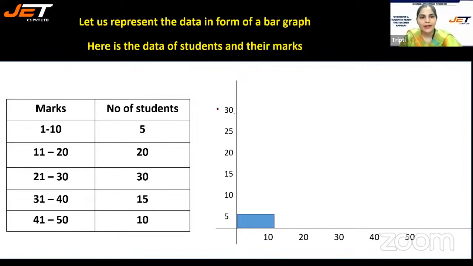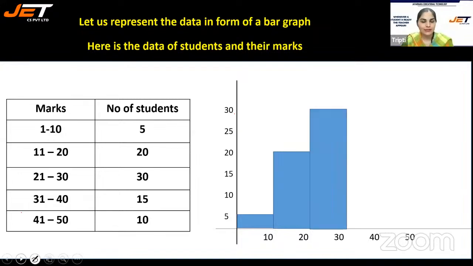Okay, so here 1 to 10, there are 5 students. Then from 10 to 20, means 11 to 20, there are 20 students. 21 to 30, we have 30 students. 31 to 40, we have 15 students. And 41 to 50, we have 10 students.